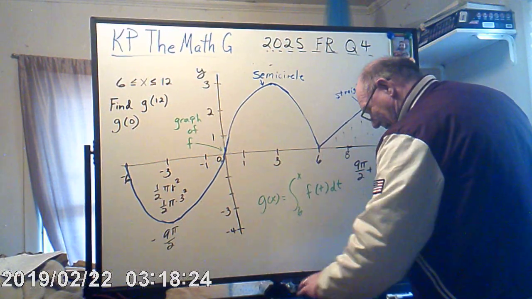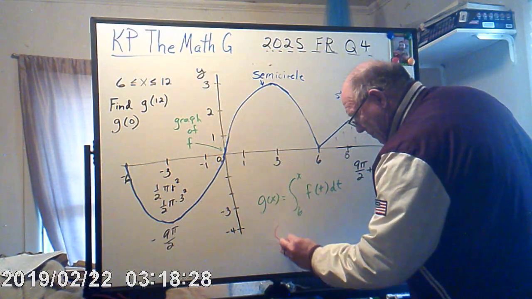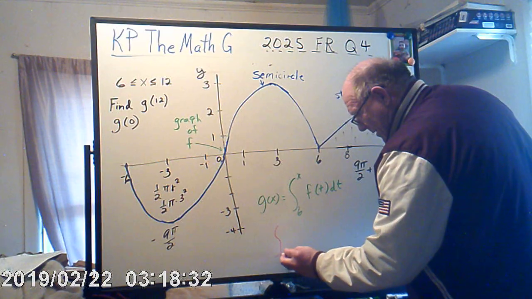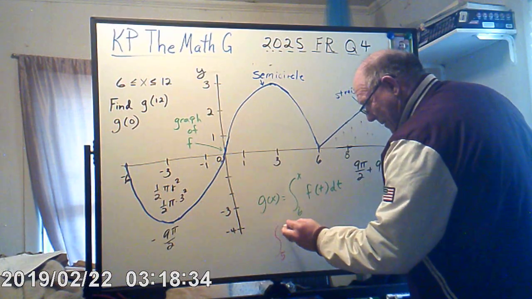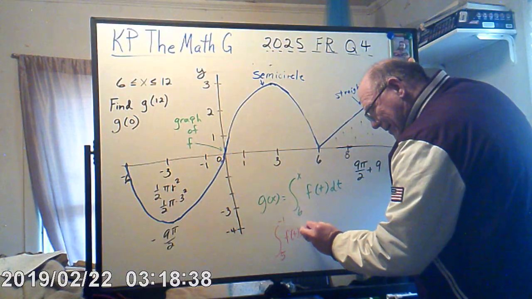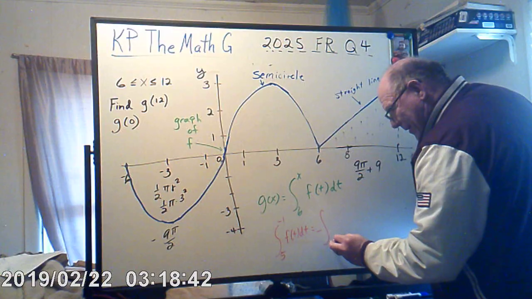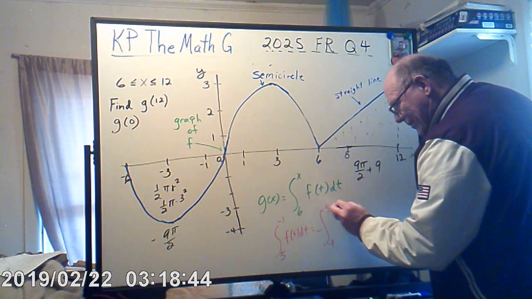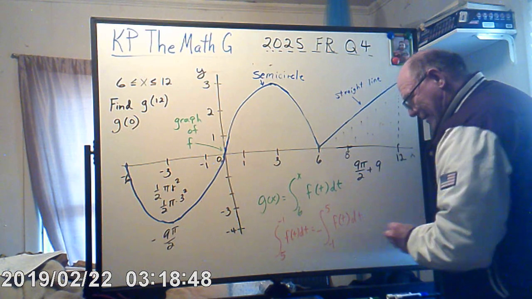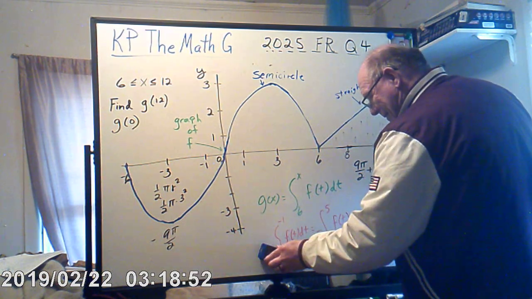Anytime, it doesn't matter what it is, I'm just going to make up something, anytime you're going, say, from 5 to -1 of f(t) dt, then you just simply put the negative out there in front and say -1 to 5 of f(t) dt. Alright, so that's how you do that. Just make sure you flip those over like that.